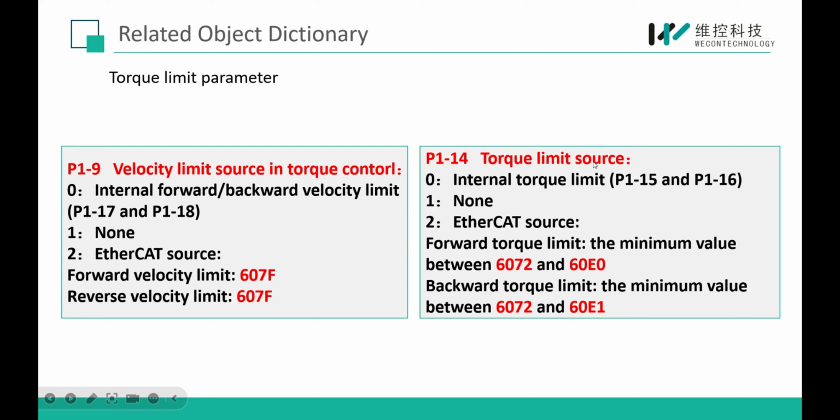And also for torque limit, we also have different sources. 0 means internal torque limit, and we can set it in P1-15 and P1-16. And if we set this parameter as 2, then our driver will use the EtherCAT object dictionary to set the torque limit. For forward torque and backward torque, it depends on 6072 and 60E0 and 60E1.